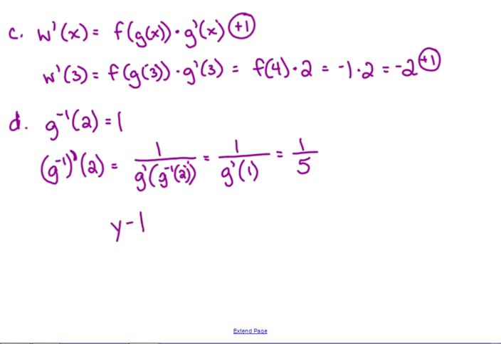So the equation of our line: y minus y1 is equal to slope times x minus x1. You get 1 point for g inverse of 2 equals 1. You get 1 point for your slope and 1 point for the overall tangent line equation.